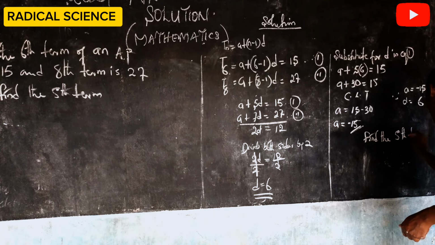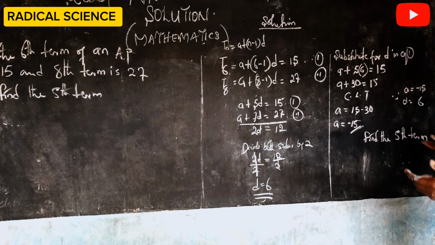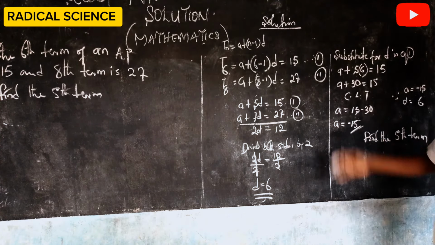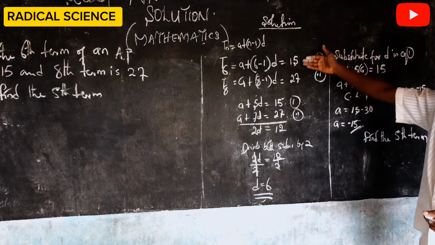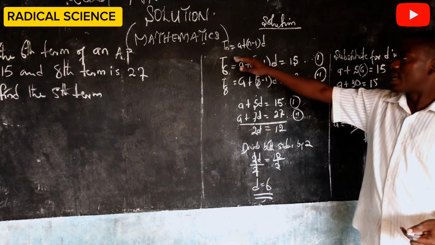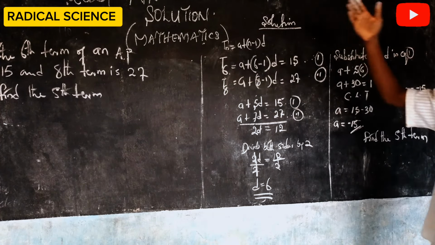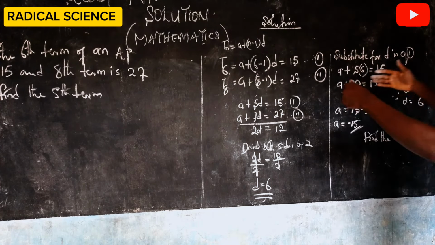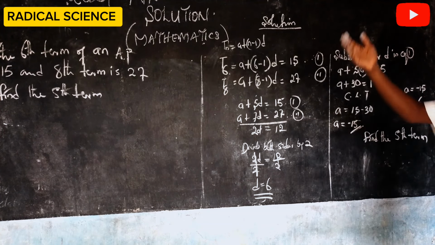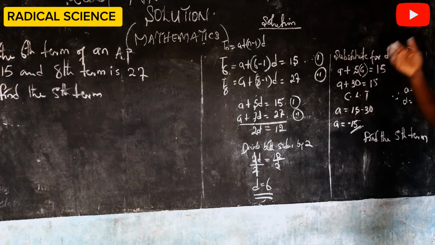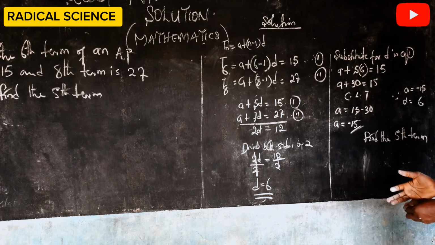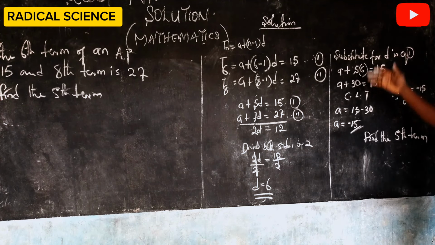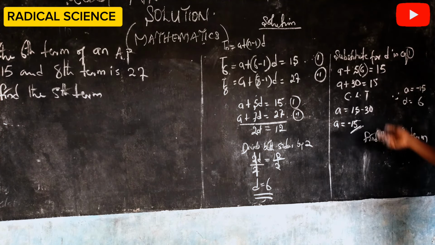Before we find it, let's rehearse what we've solved. Arithmetic progression led us to simultaneous linear equations, where we find the value of A and the value of D. The reason we went this long process is just because of the nature of the mathematics.